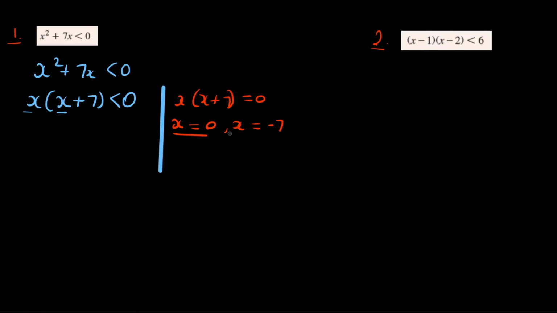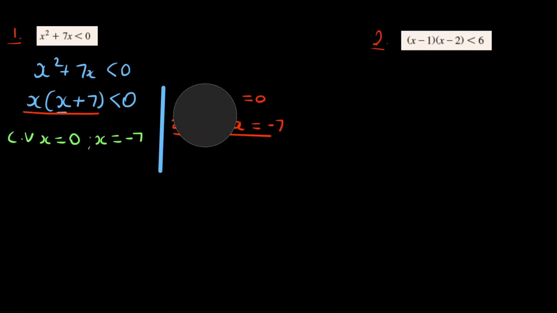So these two values are what we call critical values, because they make this whole expression equal to 0. So we'll say for critical values, CV, x is equal to 0 and also x is equal to -7. So those are our critical values.